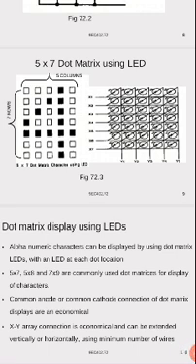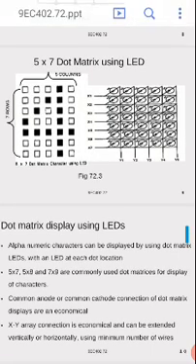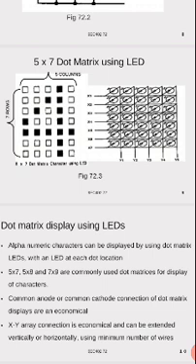Common anode or common cathode connection of dot matrix displays are economical. XY array connection is economical and can be extended vertically or horizontally using minimum number of wires.